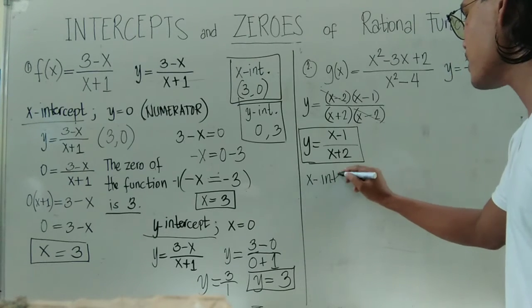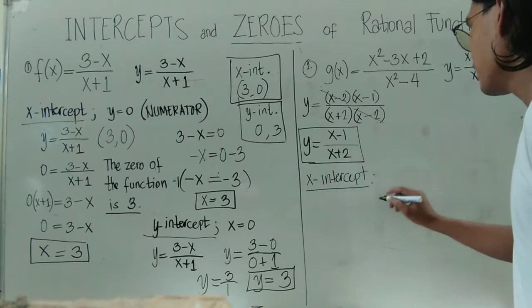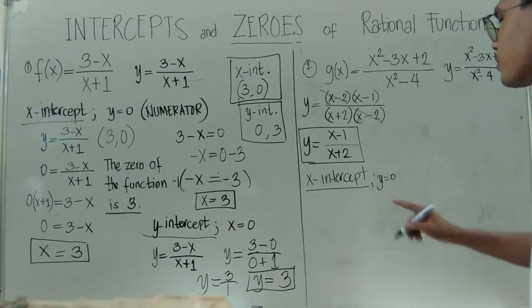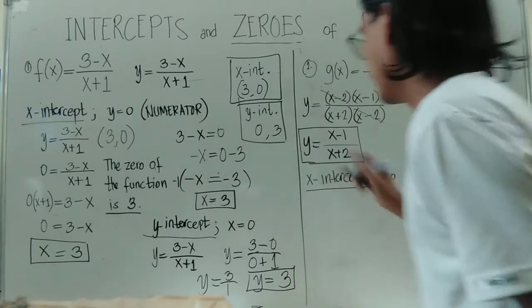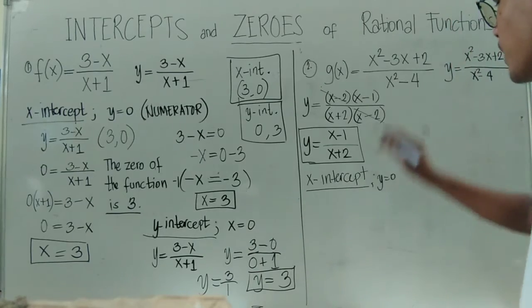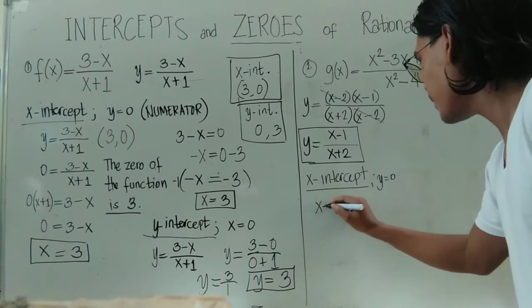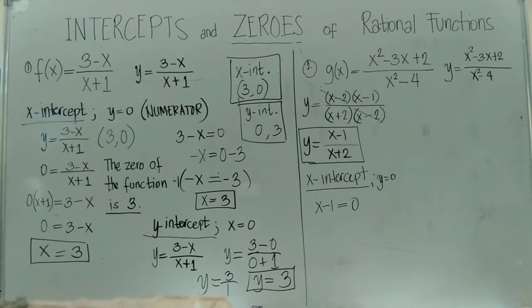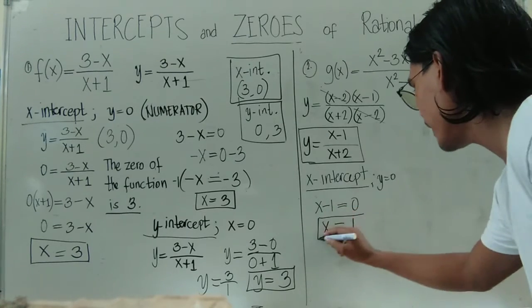So solving your x-intercept, y will be equal to 0, but again, we will be using your numerator to make it simpler. So identify your numerator. Your numerator will be x minus 1. Then equate it to 0. Simple as that. So x is equal to positive 1.